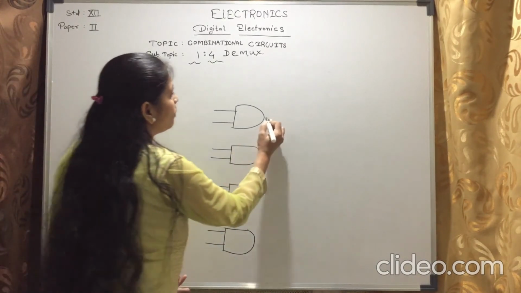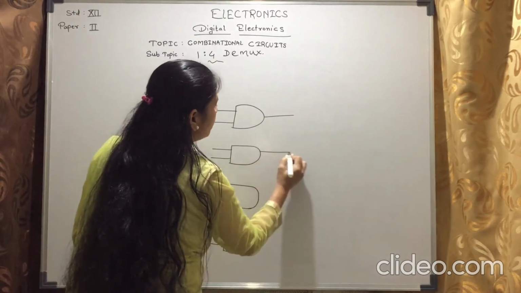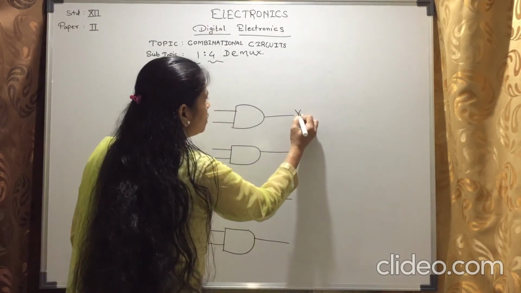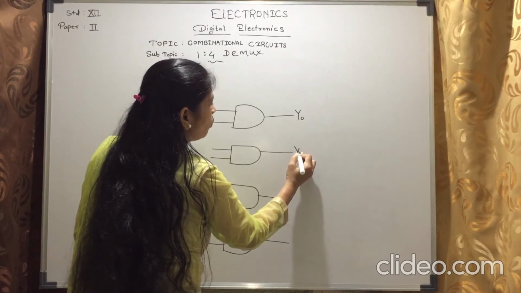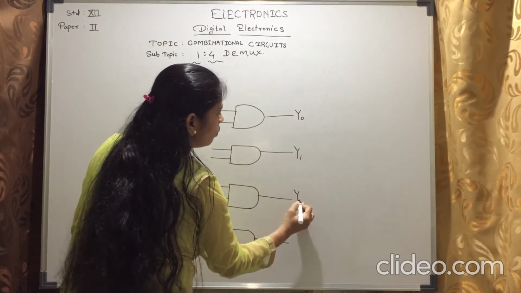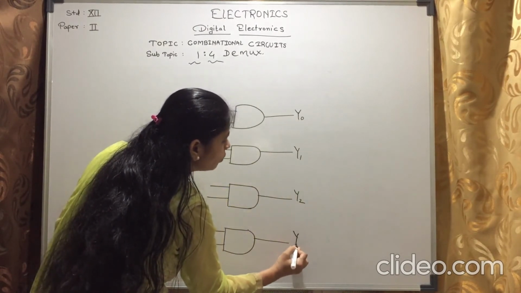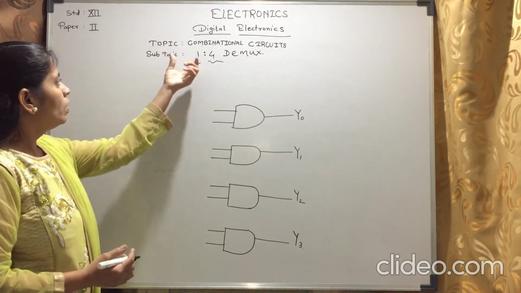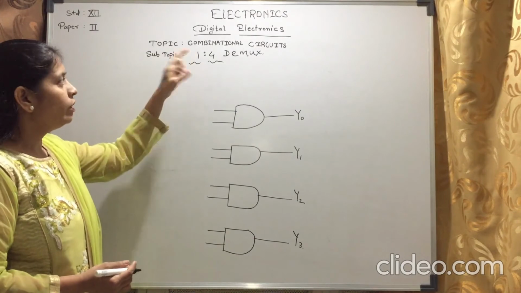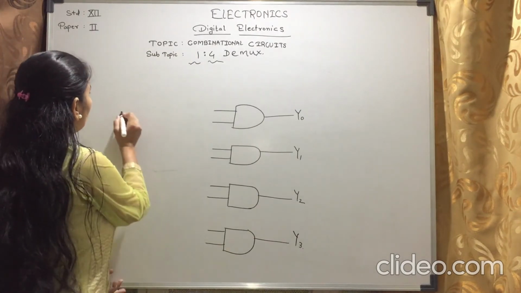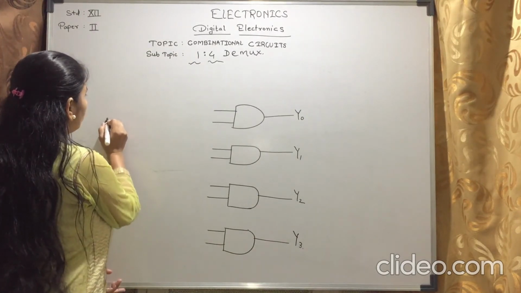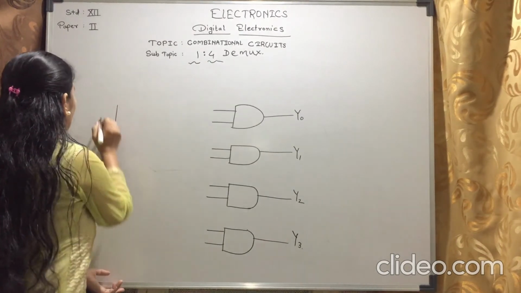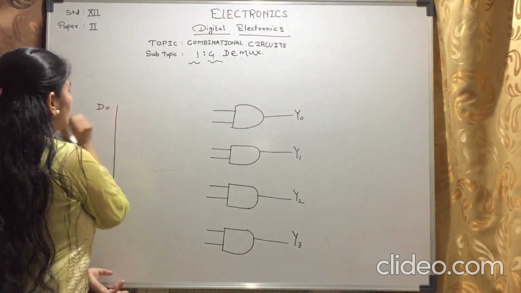Now there are 4 outputs, 1, 2, 3, 4. So this is Y0, Y1, Y2 and Y3. These are the outputs. Now, what about input? Only 1 input is there. So we have to draw 1 input line. So this is the input line, that is DG.